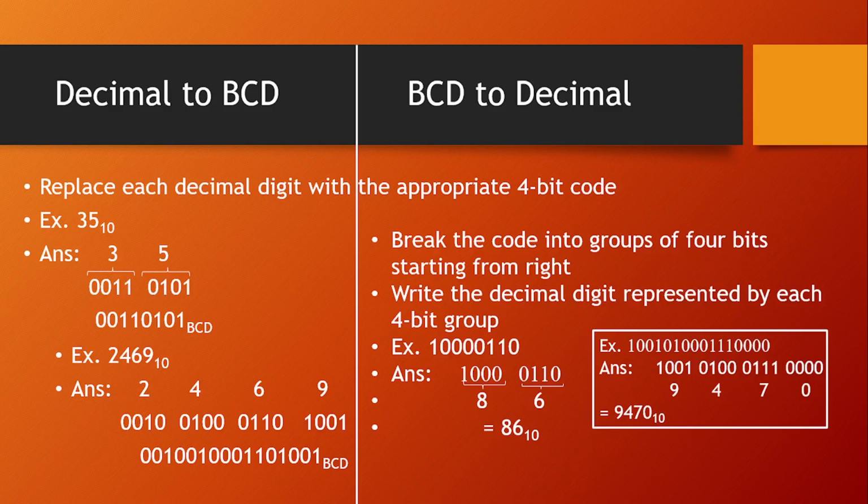So to convert a decimal number to BCD, convert each decimal digit, write the 4-bit equivalent of each decimal digit and write down the final number.